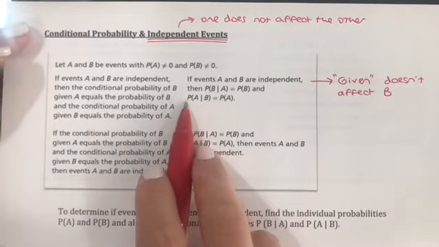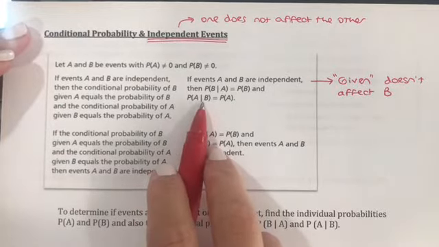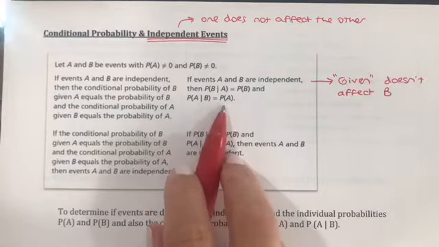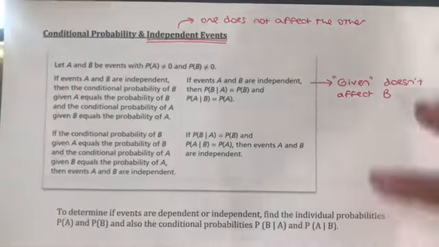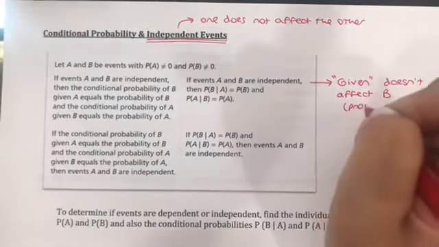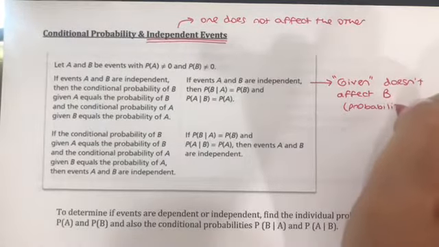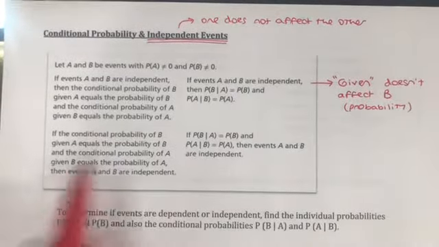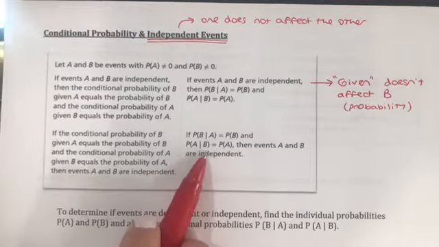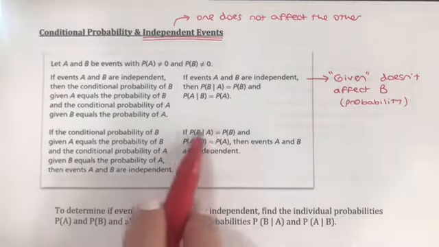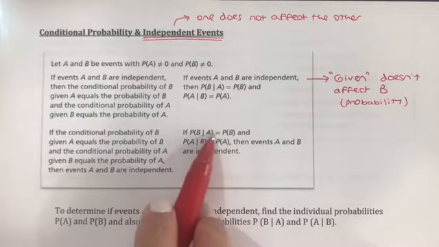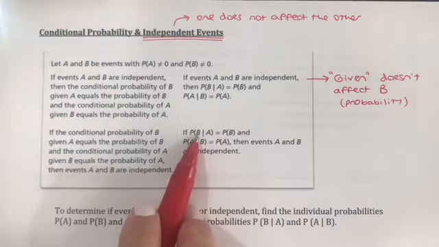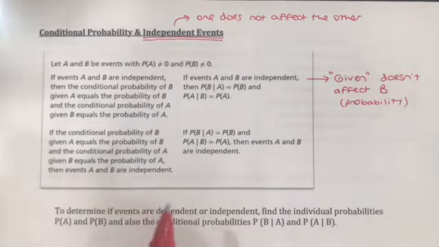Likewise over here, the probability of A given B, well, B doesn't have any impact, so it's just the same as the probability of A. And the converse is also true, which is basically saying that if the conditional probability is equal to the probability of the first event, then they have to be independent.